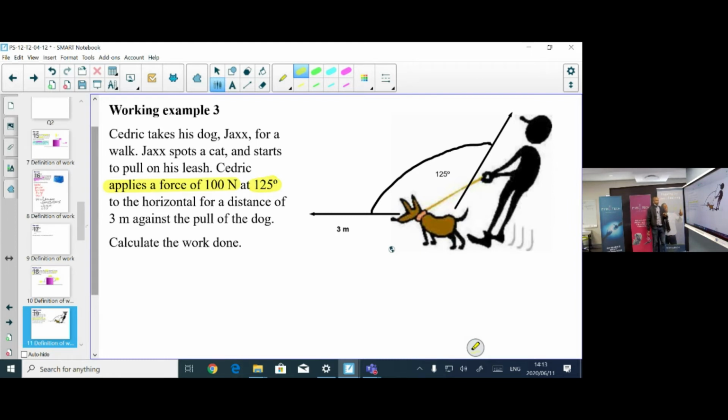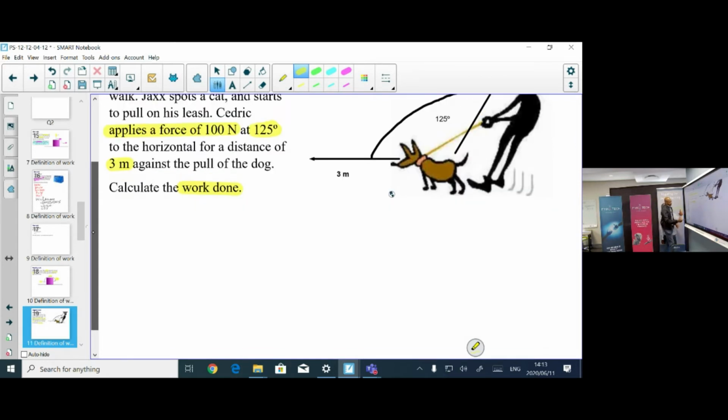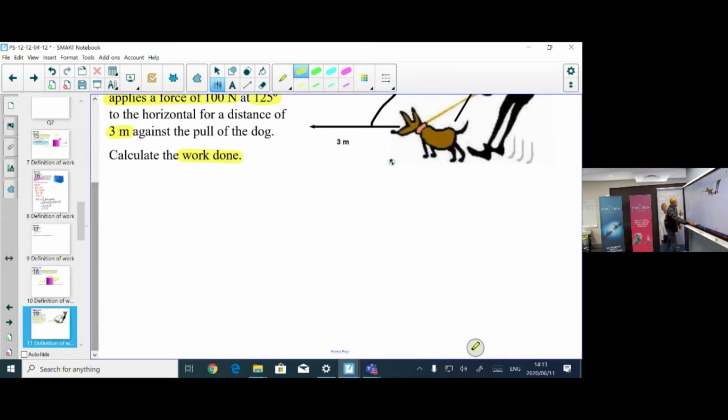That is the theta. And what else? If you look at the distance, we have 3 meters there. Okay, what else is given here? We have to calculate the work done. It is also mentioned, but it's what we are going to calculate. Okay, let me extend my page.